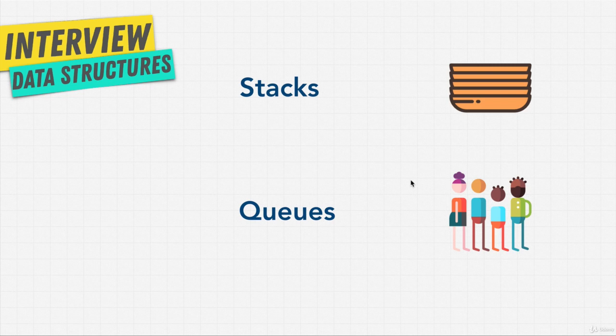You will see that we can build things like stacks and queues, which are using arrays or linked lists. Except, unlike arrays and linked lists, we have fewer methods or fewer actions that we can perform on stacks and queues.